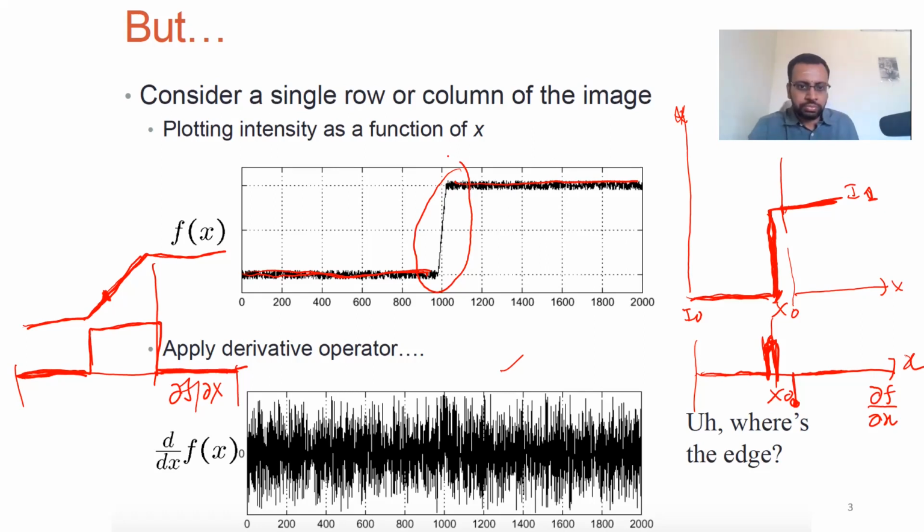Even around 0, this change would eventually give you something like this, out of which figuring out the edge is a non-trivial task. That's not possible, in fact, in the way that we are looking right now. See, for us it is so obvious where the edge is when we see f of x. On the other hand, when I go to the derivative of f of x, that's not so obvious.